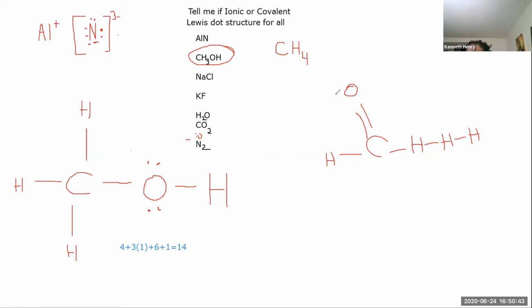No. So why doesn't that work? Because your hydrogens don't balance out with 8 valence electrons.